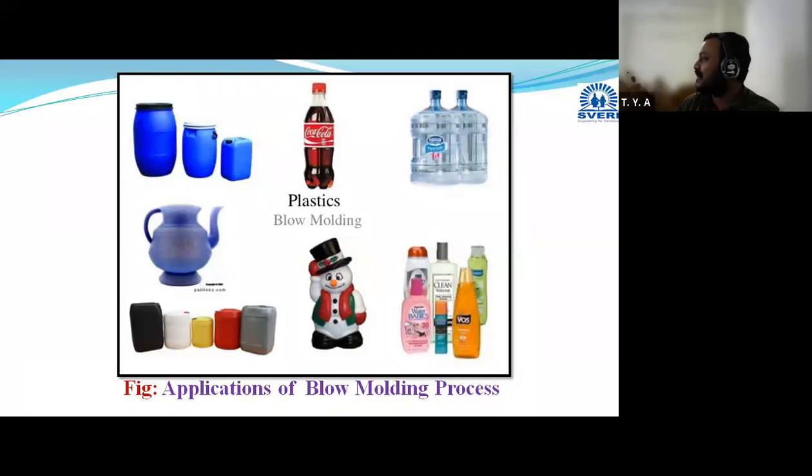The products manufactured will be hollow, and in that hollow portion we store whichever useful material is there. Suppose this plastic bottle is used for storing water or different cold drinks, or for storage of some chemicals, or some cosmetic material. It may be your shampoo or face wash.